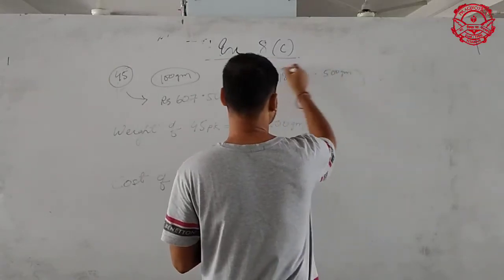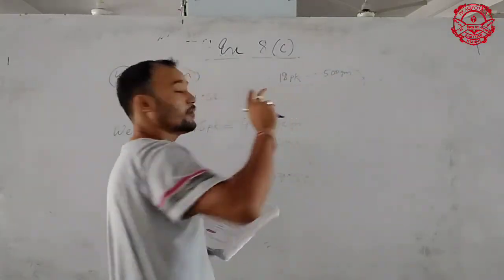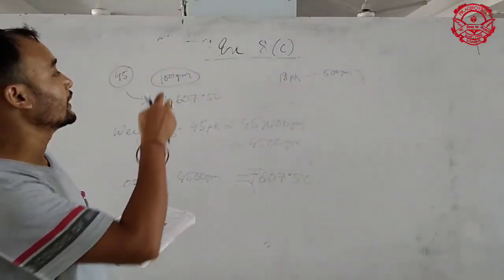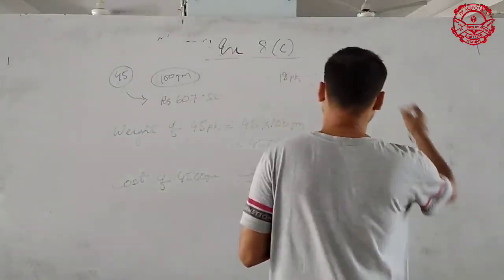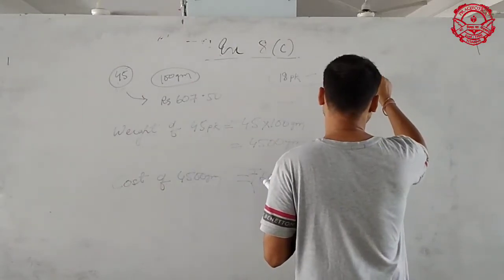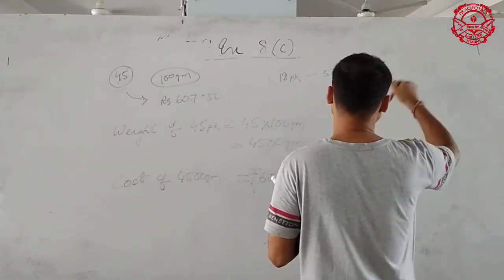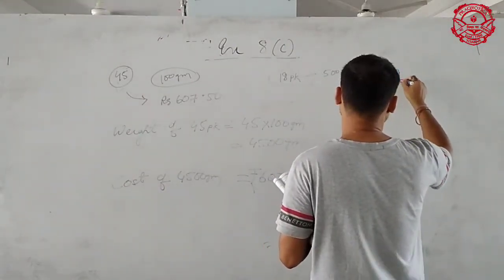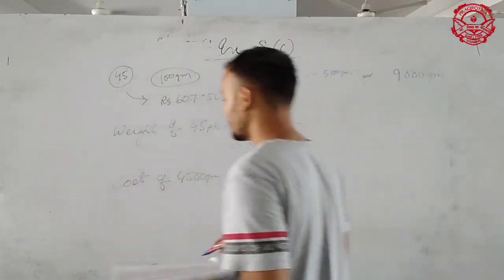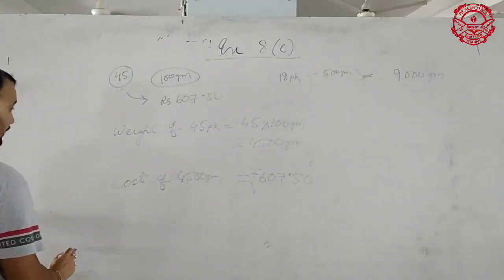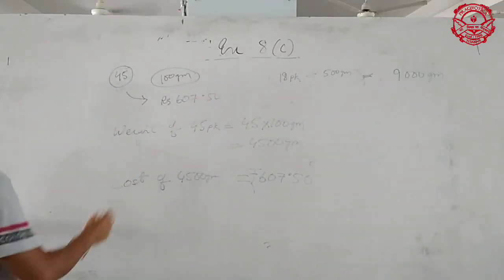Okay. If weight of one packet is 500 gram, then weight of 18 packets is equal to how much? 18 half, 900 gram. So therefore we have to calculate the cost of 900 gram butter.